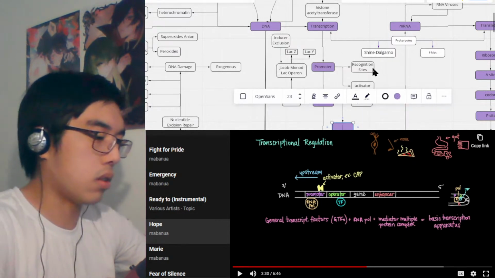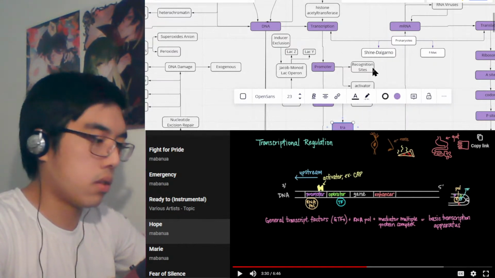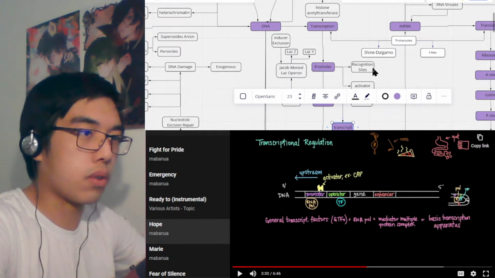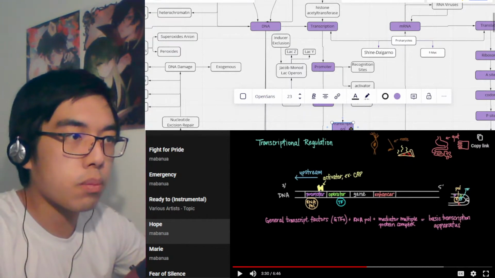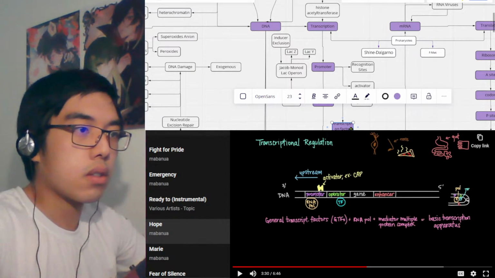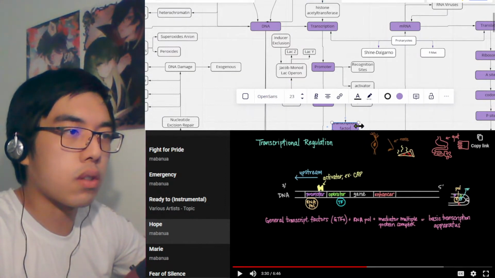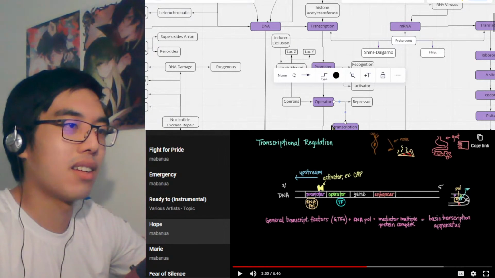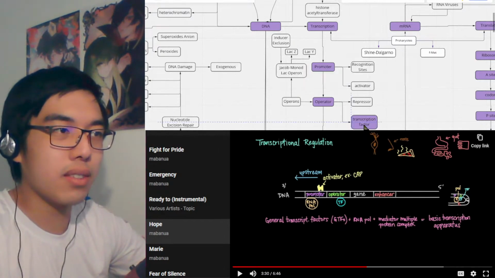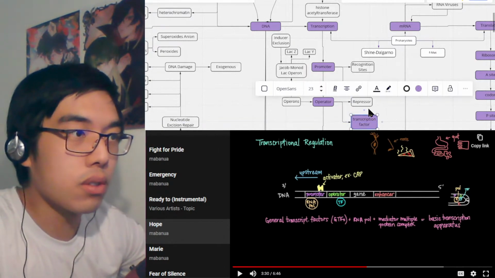So from my understanding, that's just stuff that we have already included on this map here. Like, this is just the broader name for activators and repressors, right? I hope it is, or else I am very confused.